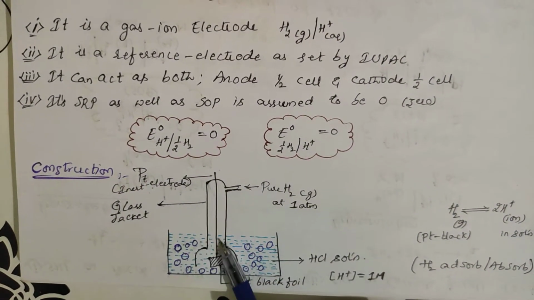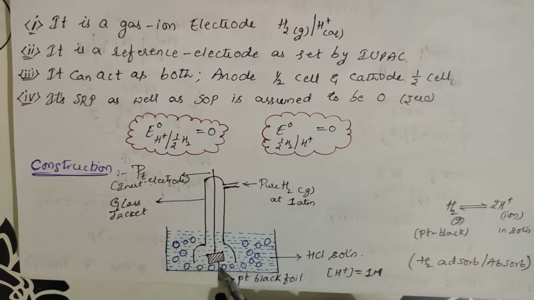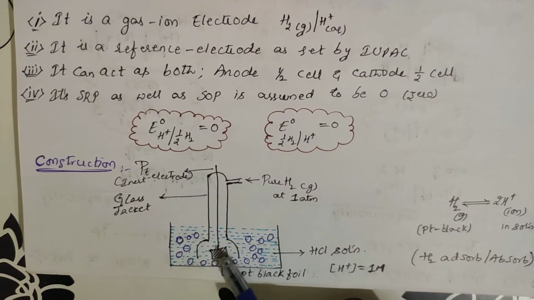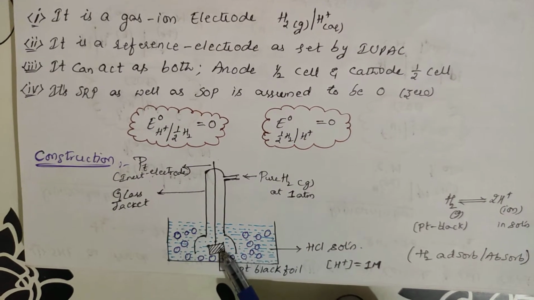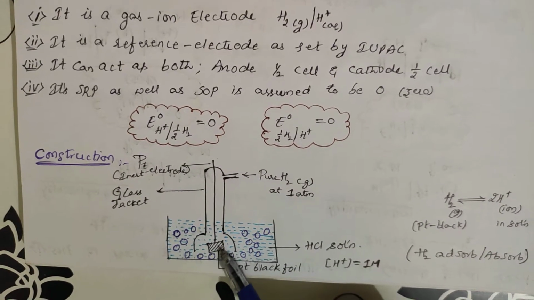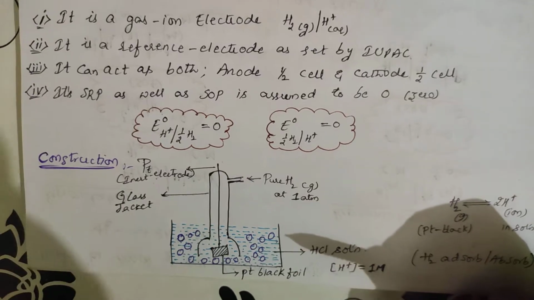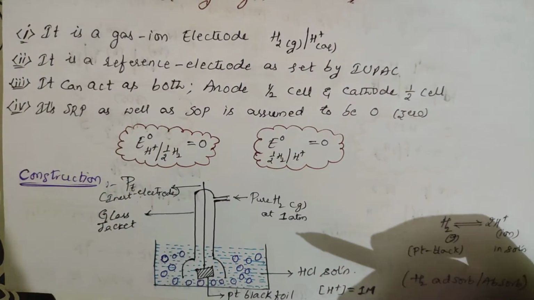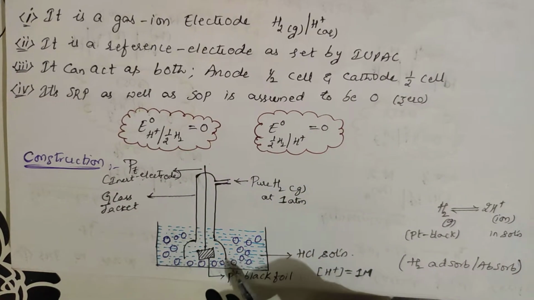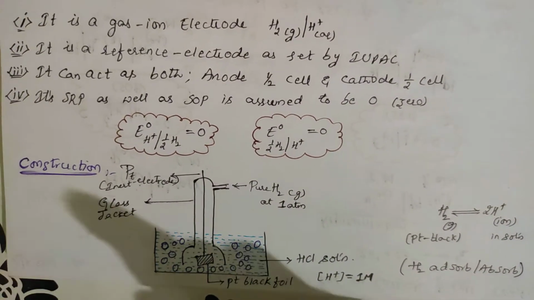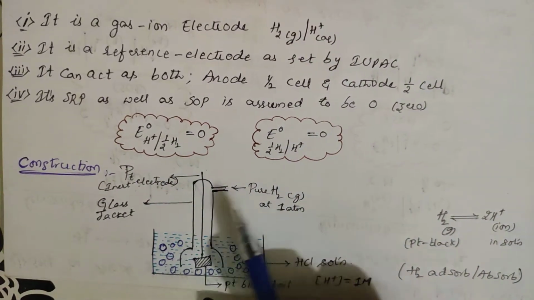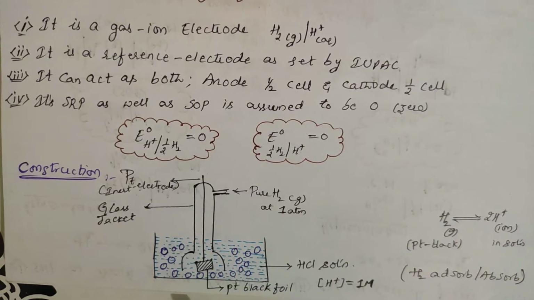This gas comes into this container and gets adsorbed on the surface of the platinum foil, and it can also absorb some amount, and the remaining amount moves away into the solution. Suppose this foil has the capacity to accommodate 10 cubic centimeters of H2. It absorbs that and keeps it inside. If you send more hydrogen, it liberates the hydrogen in the form of bubbles. And this entire setup is called the hydrogen electrode.